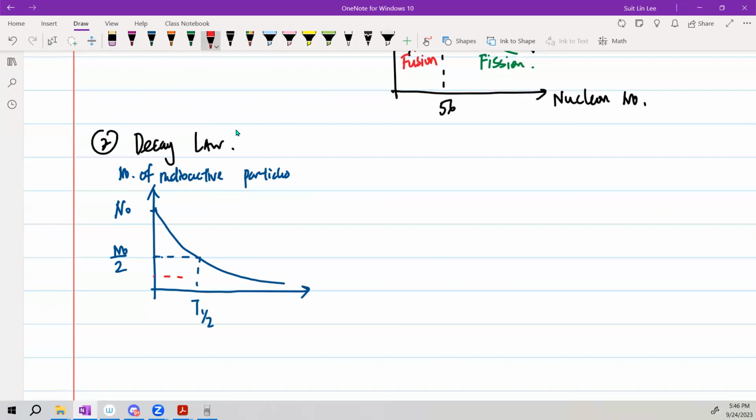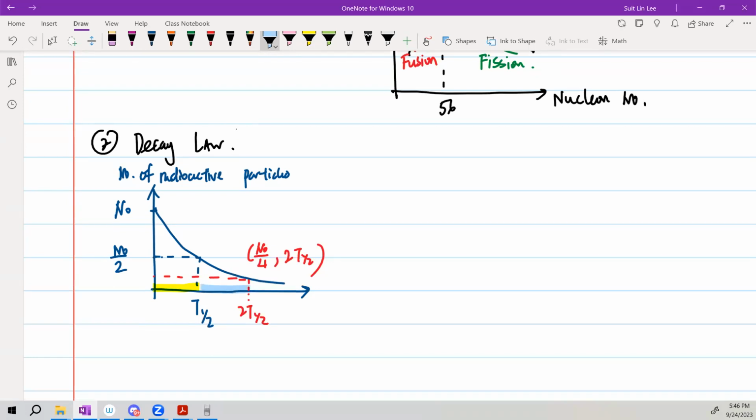Then if it becomes N naught over 4, this is 2 half-lives. And we can keep dividing by 2. So this is your first introduction to half-life. Meaning the decay law tells us that we can keep dividing by 2, and the time interval to the next division by 2 will always be the same. Then we stop there.